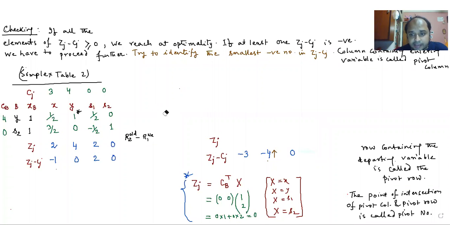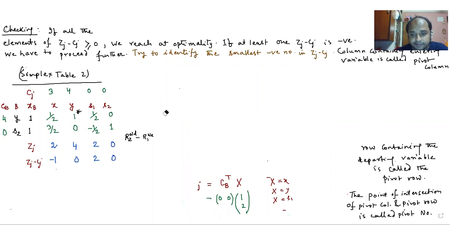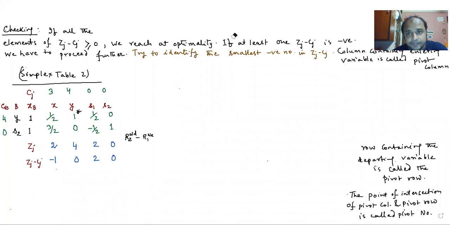And if Zj minus Cj contains negative numbers, then we cannot say that optimality has been reached. So I have to construct the simplex table 3.